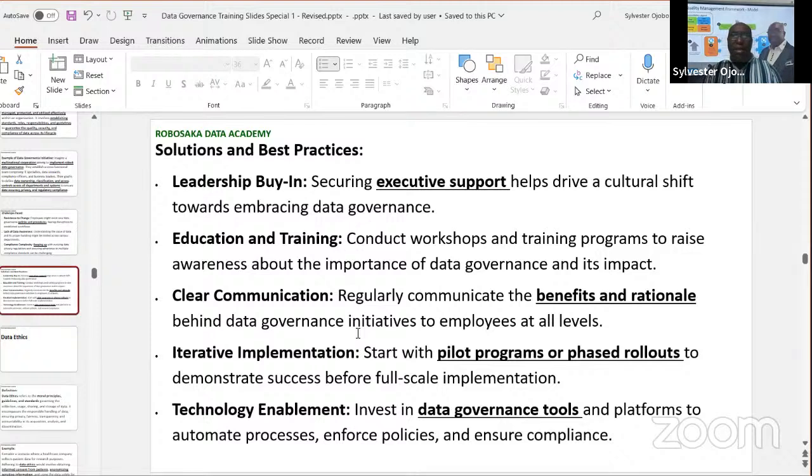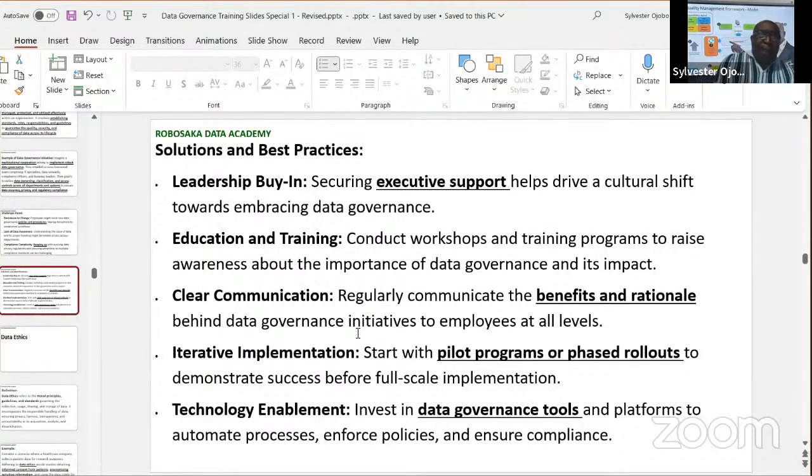So you start small and celebrate your success, and then begin to move up until you carry out a full scale, invariably to the robust expectation of your data governance program.